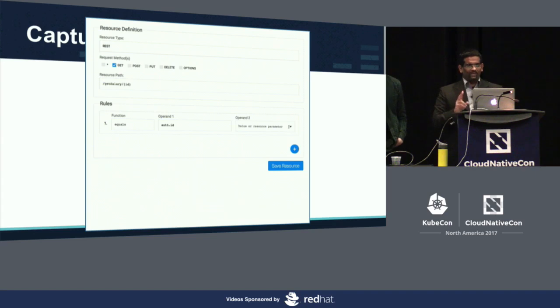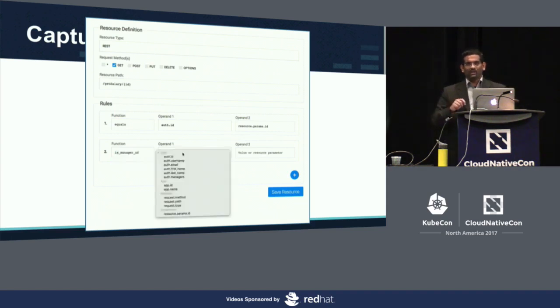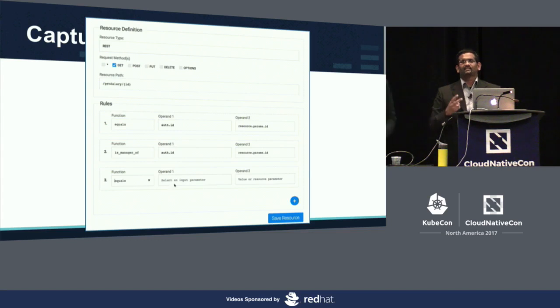So one more thing we had to do was, yes, this is good and dandy, but it still doesn't actually answer the question, did you capture the intent? Because the intent is only with the person who's actually making these rules. They know in plain English what they want to achieve, but they don't actually know that what they did is going to perform what they think they did, right? So the second step we took was that we built a unit testing mechanism into this UI.